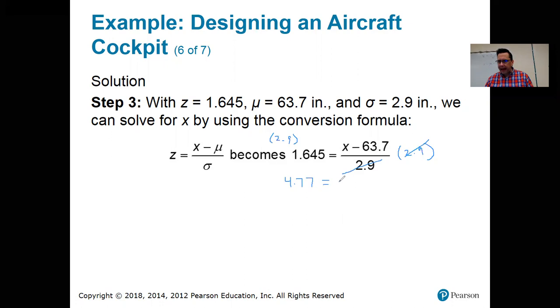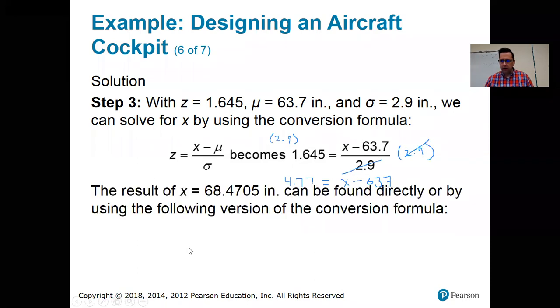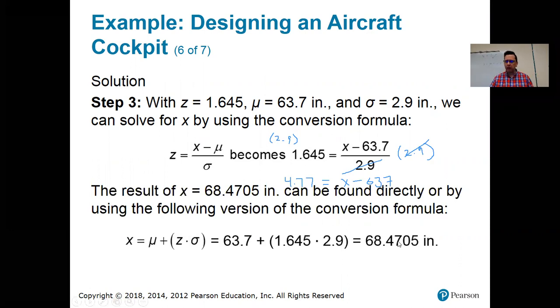And then if you add 63.7 to both sides, you get the answer that they found right here. Add 63.7 to both sides and you get that x is about 68.47. Oh, there it is. I would have just done it that way if I had remembered that that was there. So I think that thing on the bottom is easier.